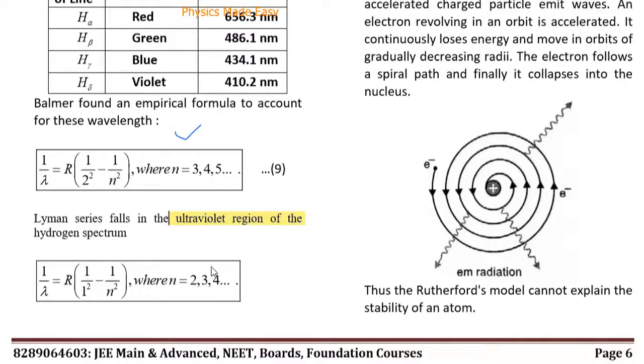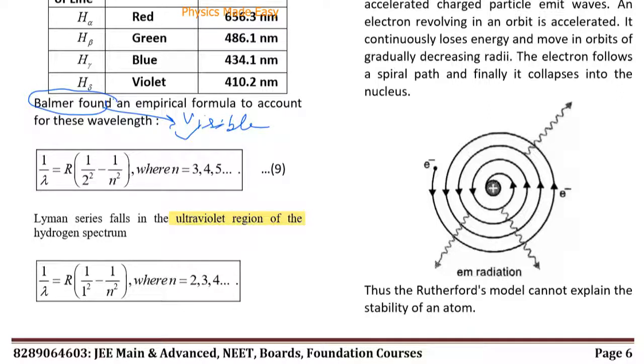Lyman is when electrons from higher levels fall into the first level, and Balmer series is in the visible spectra. This lies in the visible part of the spectra.